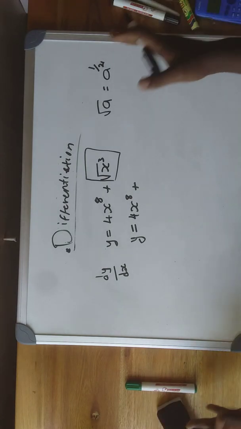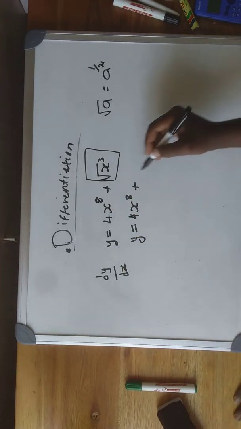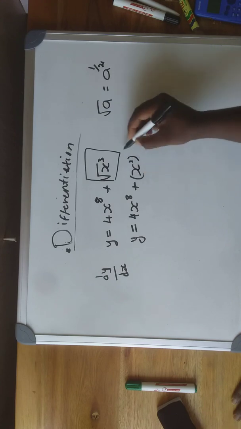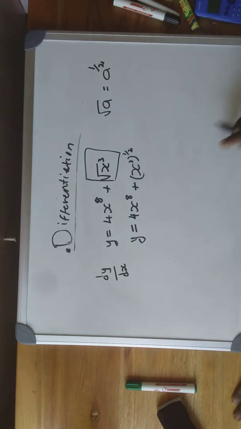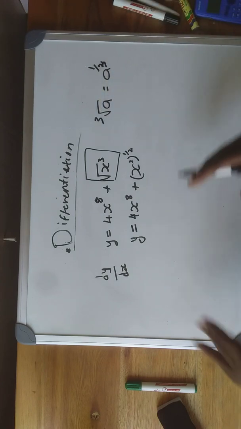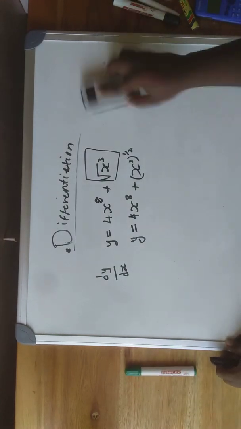The same thing applies here. We have x cubed to the 1 over 2. If it was a cube root, we would just have 1 over 3. This is just the basic.